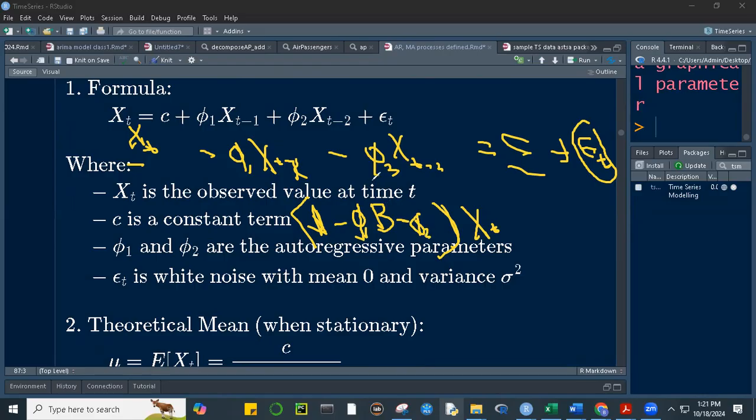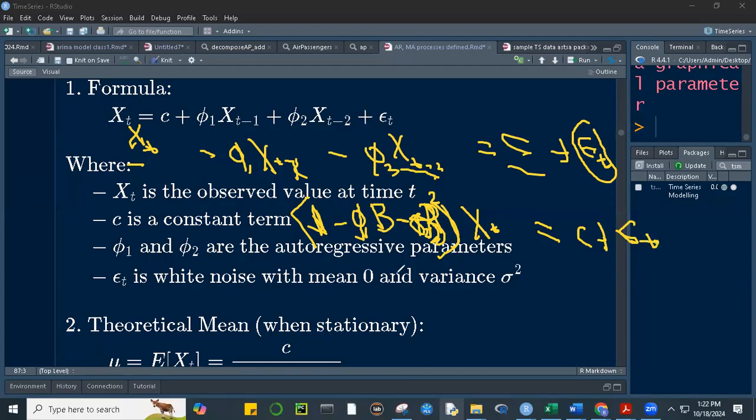And x sub t minus 2, class, can be written as B squared, B to the second, times x sub t, which means second lag. That's x sub t minus 2. So this is equal to C plus epsilon sub t.